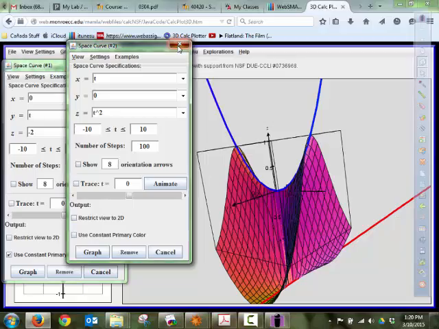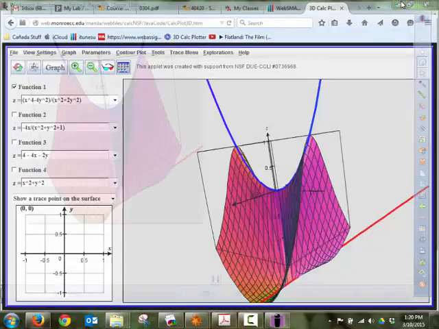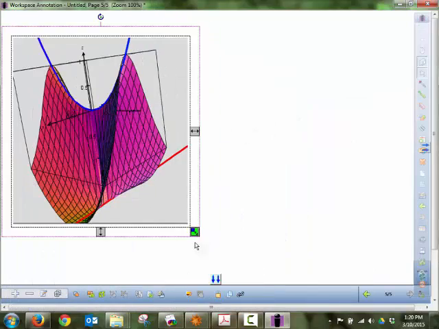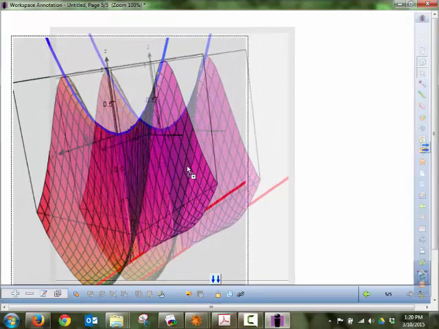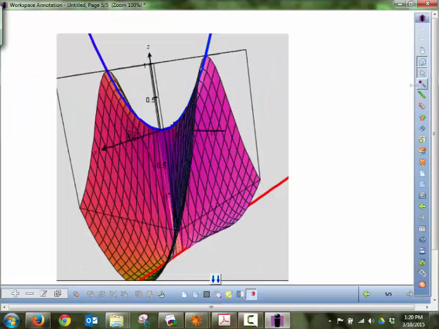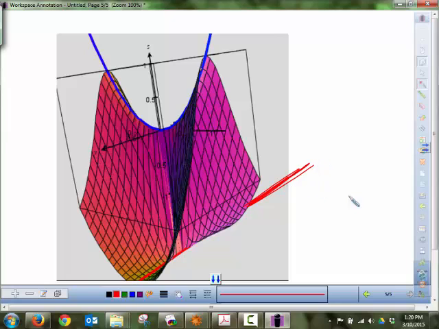So let's see if we can identify these markers over here. So this is the, what is this one again? This is the y equals 0, right? x equals 0.